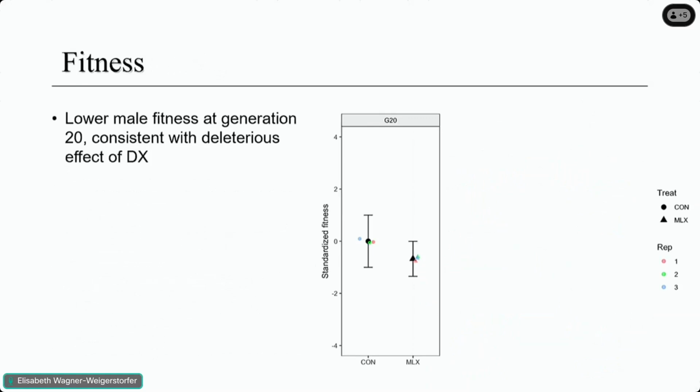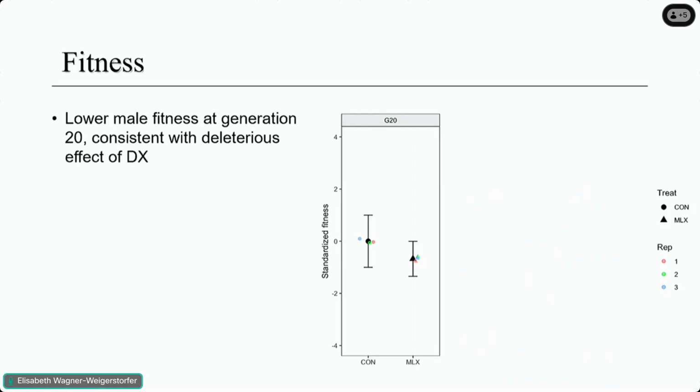And for males, we usually do a red eye, brown eye competitive fitness assay, where the brown-eyed competitors compete with the red-eyed target males for matings with brown-eyed females, and then all of the red-eyed offspring in the next generation came from the red-eyed target males. So we know that the females like the red-eyed males a little bit better than the brown-eyed males, but because we're always comparing basically red-eyed progeny from MLX with red-eyed progeny from control, that doesn't really matter.